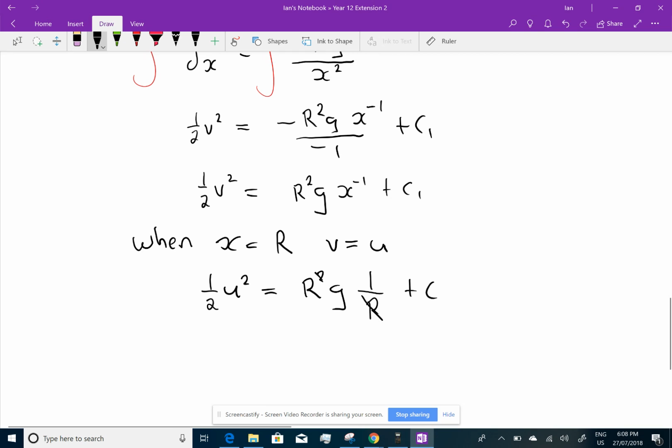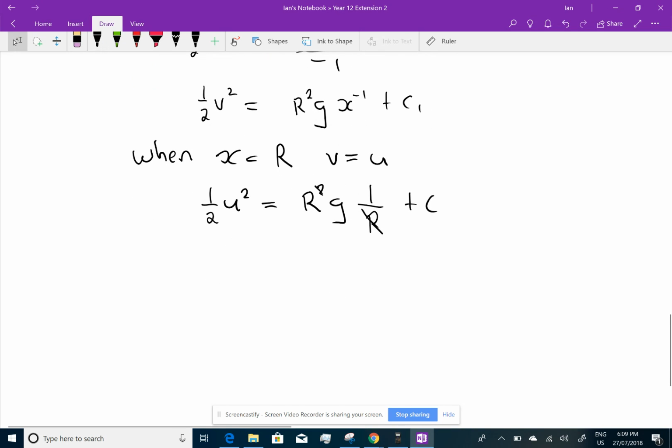That r and that r will cancel. So I get a half u squared equals rg plus c. So then a half u squared minus rg equals c.